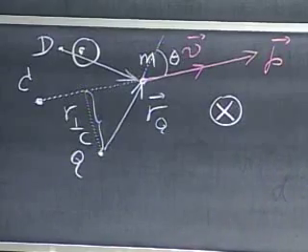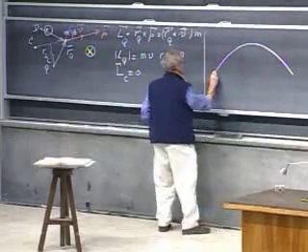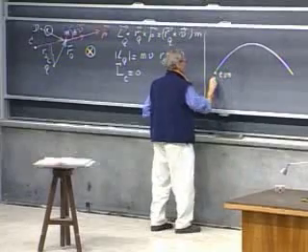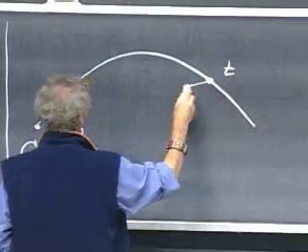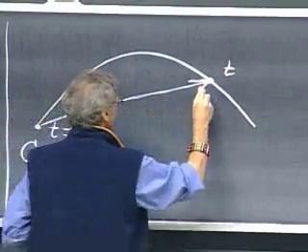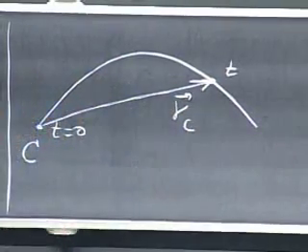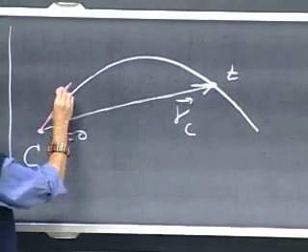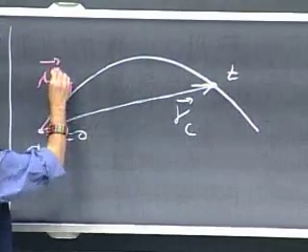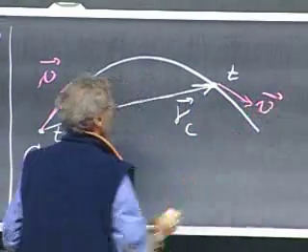Suppose I throw up an object, 26/100, and at time t equals 0, the object is here, and at time t, the object is there. So this then is the position vector at time t. The object starts off with a certain velocity, v, and a little later here, say, the velocity is like so.